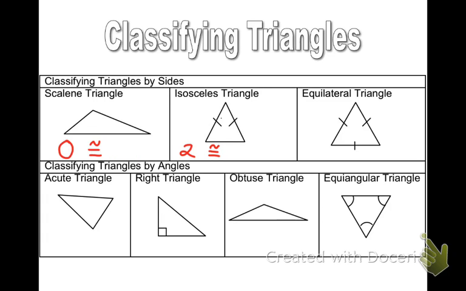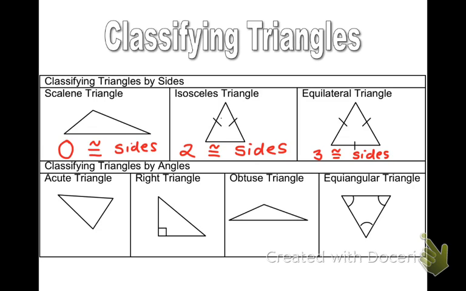Isosceles, we have 2 congruent sides. And equilateral, we have 3 congruent sides, so all of the sides are the same, which makes it equilateral.